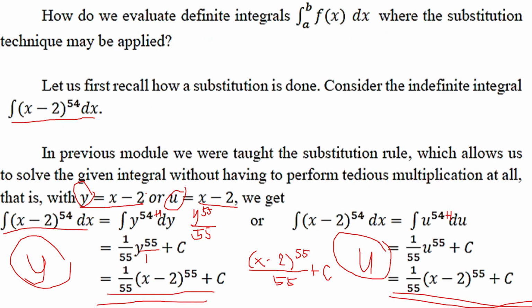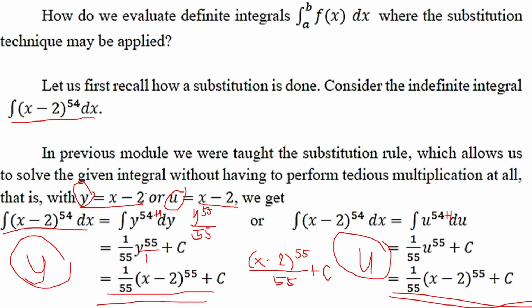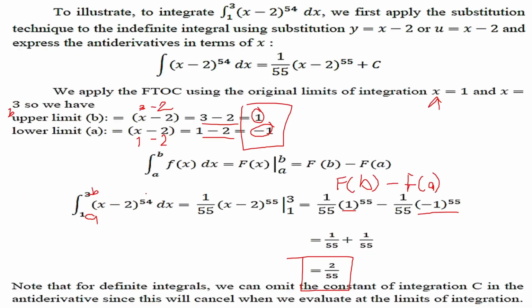Going back to the example earlier, maybe you will be confused: where did we get 1 and 3? As you can see here, your given is just (x minus 2) raised to 54, right? In the next slide, there are given x equals 1 and x equals 3. Therefore, you need to substitute the two x values into the given x minus 2.